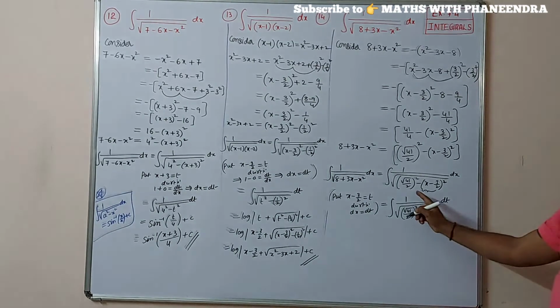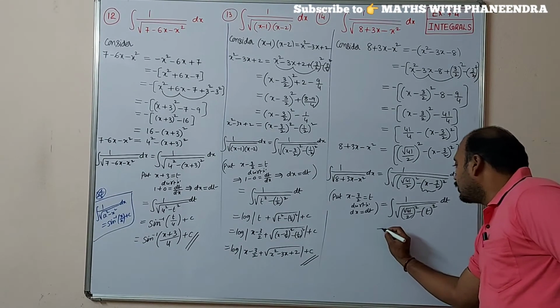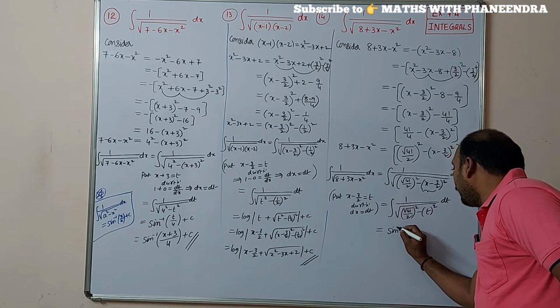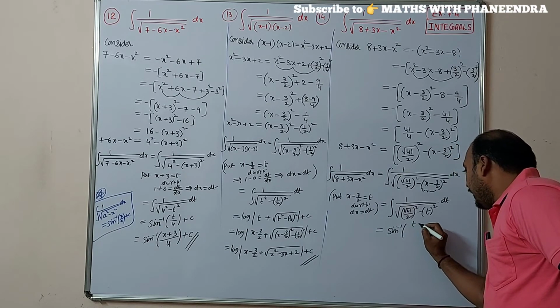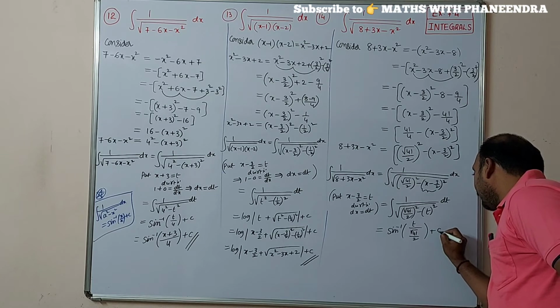It is in the form of integral 1 by root of a square minus x square, sine inverse x. So that is equal to sine inverse of x by a. So t by root 41 divided by 2 plus c.